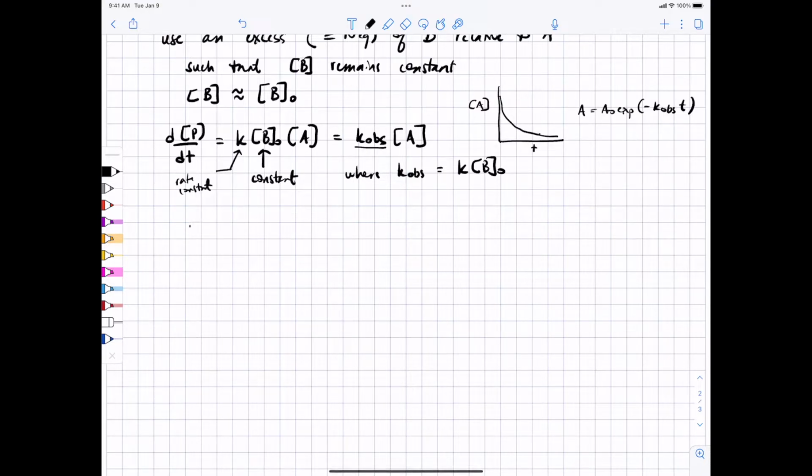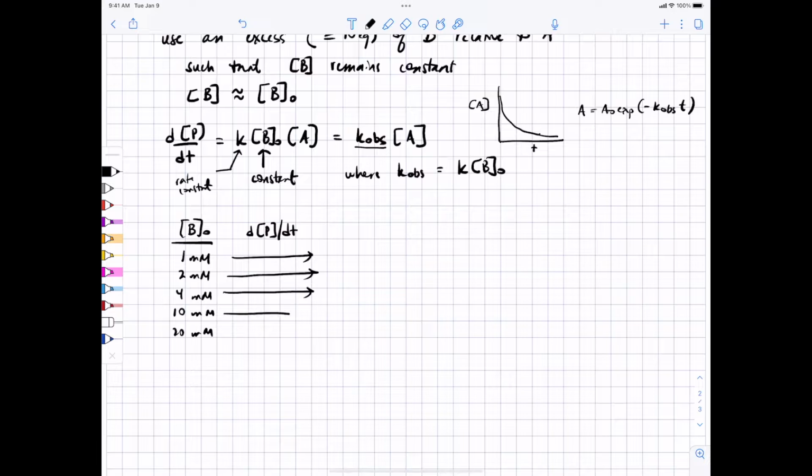That's when I can do the experiment under multiple actual concentrations of B. So perhaps I start out at 1 millimolar, 2 millimolar, 4 millimolar, 10 millimolar, 20 millimolar, and I monitor dP/dt as a function of time, and then I use that information to calculate for each of those experiments an observed rate constant. Okay.